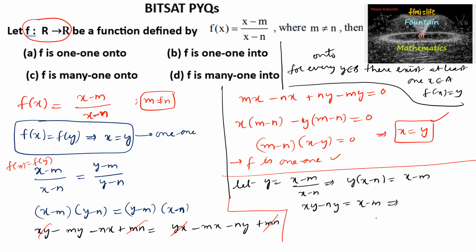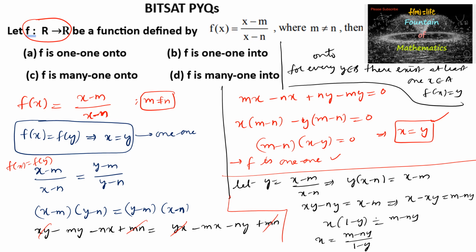Sorry, here this is ny. So we can write x minus xy is equal to m minus ny, or we can take x common, x times (1 minus y) is equal to m minus ny. So x is equal to (m minus ny) upon (1 minus y).